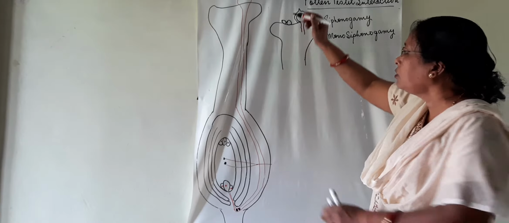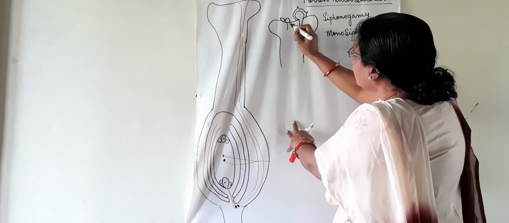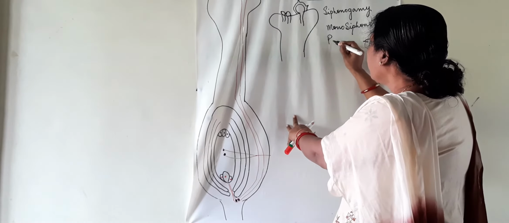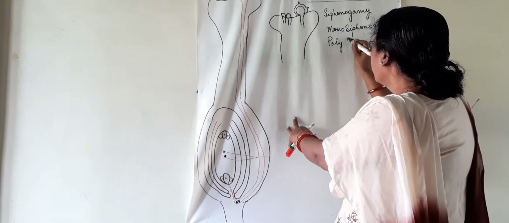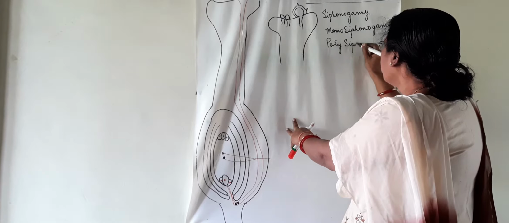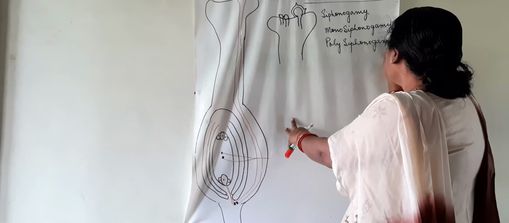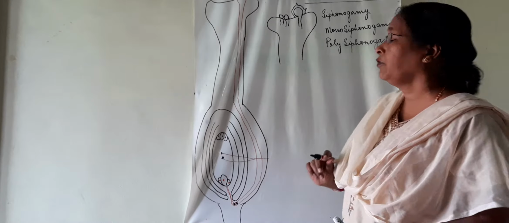If many pollen tubes germinate, then it is known as polysiphonogamy.